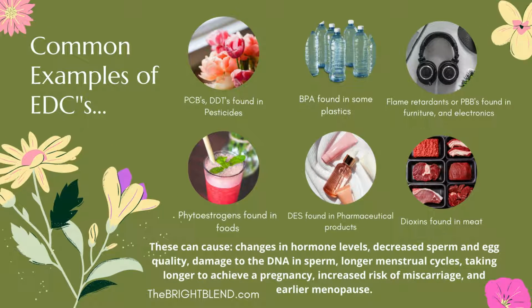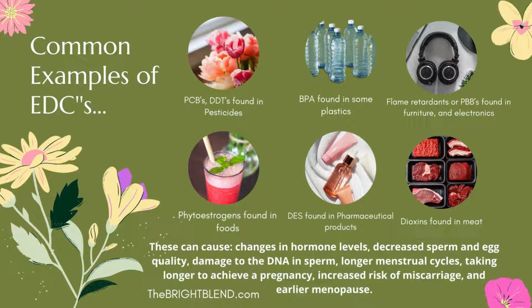Some common examples are PCBs and DDTs found in pesticides, BPA found in some plastics, flame retardants or PBBs found in furniture and electronics, phytoestrogens found in foods, DES found in pharmaceutical products, as well as DDTs and dioxins found in meats, as well as some of the other chlorine based toxins.